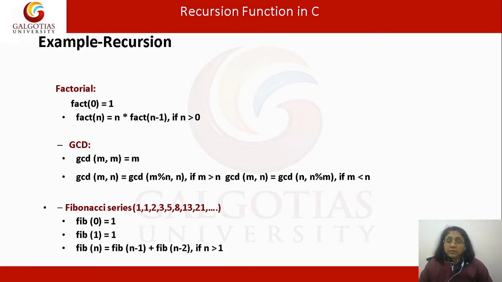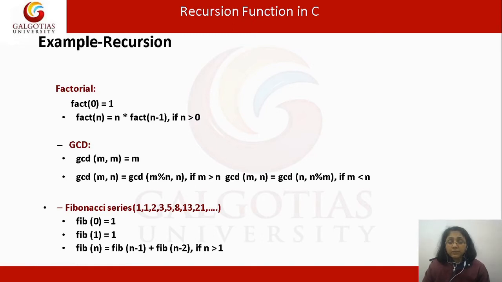In case of GCD of m and n, if both values are the same, m and m, then the GCD is m. Otherwise, if m is greater than n, then GCD of m, n will be GCD of m remainder n, comma n, or otherwise if m is less than n, then GCD of m, n will be GCD of m, n remainder m. So everywhere the test condition is always there.